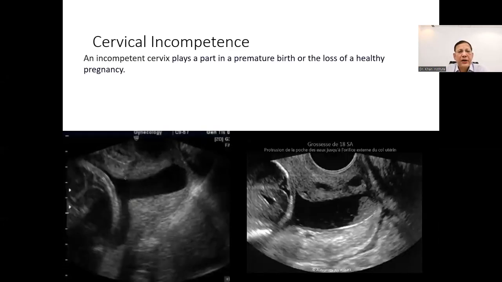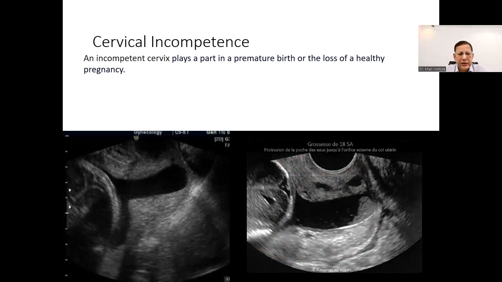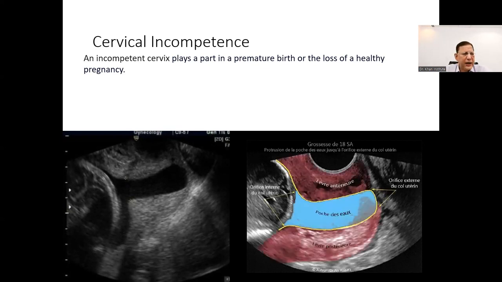Cervical incompetence. This is also a very good example to understand the important role of ultrasound in obstetrics especially. So what is an incompetent cervix? An incompetent cervix is a cervix where the muscles are relaxing, they are not strong, and more importantly, the length of the cervix is short.